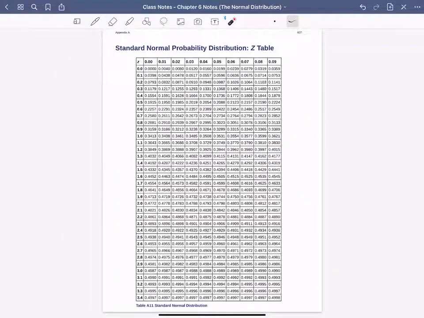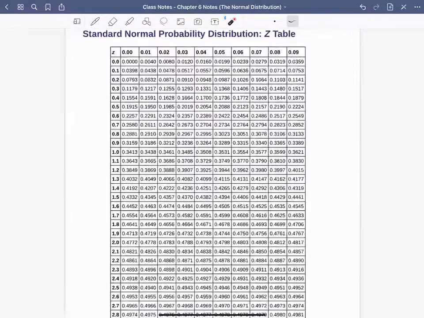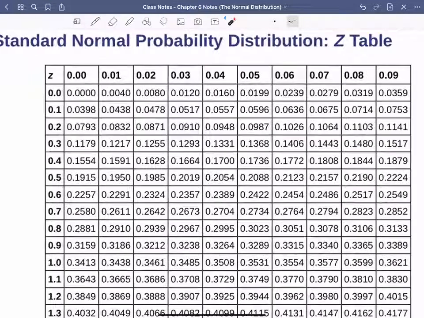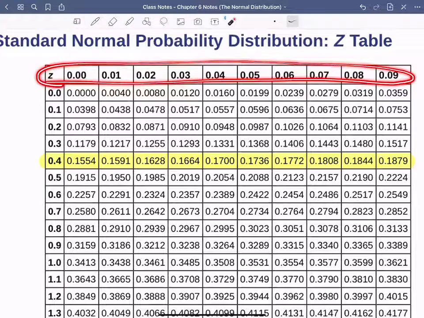How do we use this? Our Z score was 0.4. So what we do is we look at 0.4. So we're going to look right here. Because it's 0.4, we're going to look at this row. So this column tells you, 0.0, 0.1, 0.2, 0.3, the tenths place. This row tells you the number in the hundredths place.